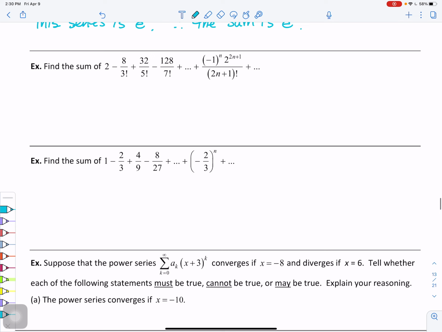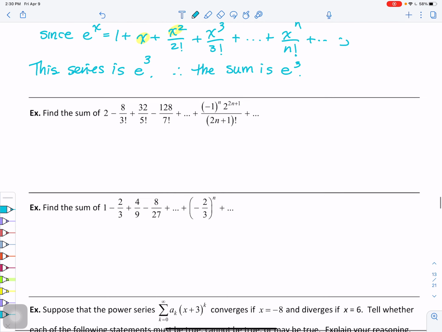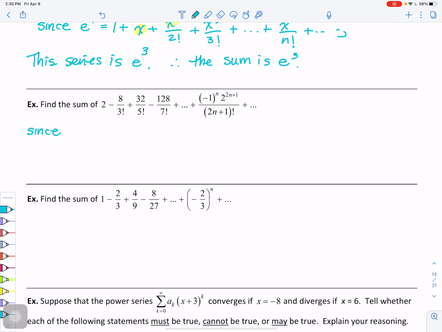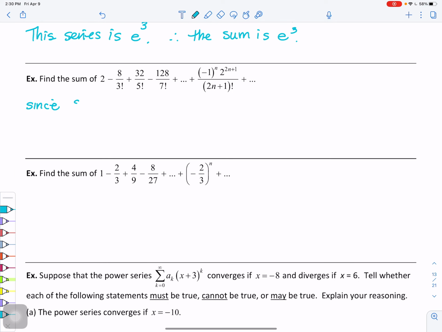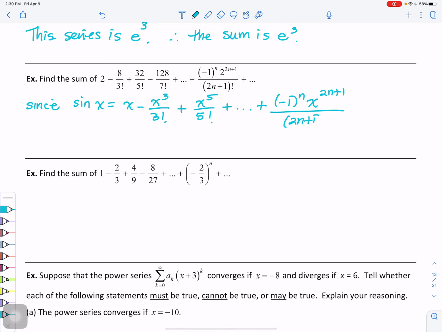Okay, let's take a look at this one. Just take a good look at it. Should be reminding you of one of the series. Since the sine of x is equal to x minus x cubed over 3 factorial, so we have odd factorials, that should be a hint, plus x to the 5th over 5 factorial, and in general, negative 1 to the n, x to the 2n plus 1, all over 2n plus 1 factorial.